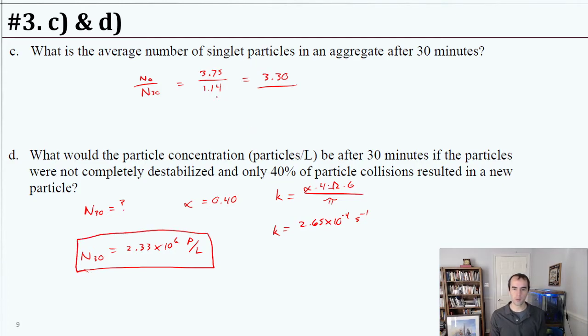So instead of 1.14 times 10 to the 6, now we have 2.33 times 10 to the 6. By the way, earlier I just simplified that because they were both times 10 to the 6. I just got rid of that just for the sake of going through it faster.